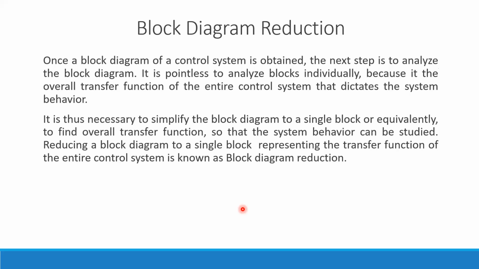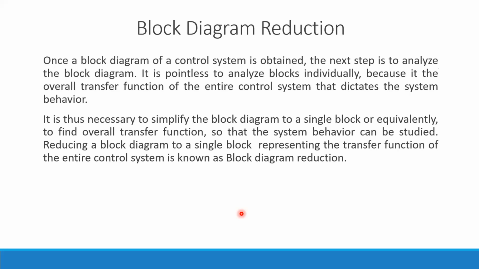Studying the smaller blocks every time and then coming to a conclusion is not possible for us. That's why we reduce these blocks into a single block, and that process is called block diagram reduction.